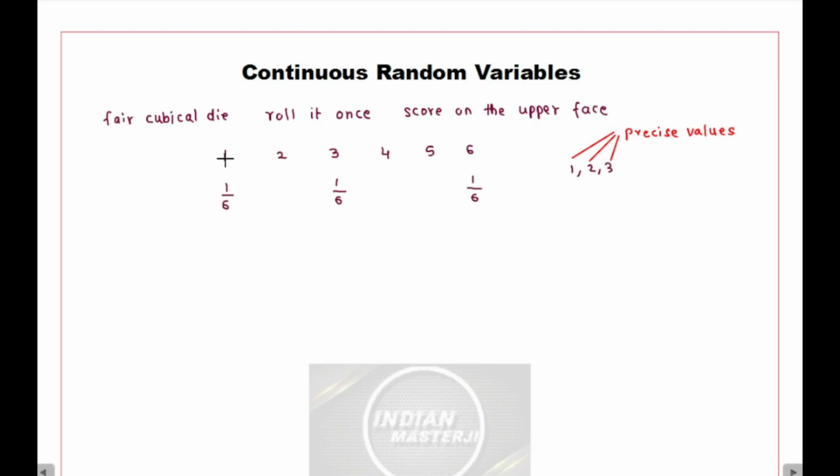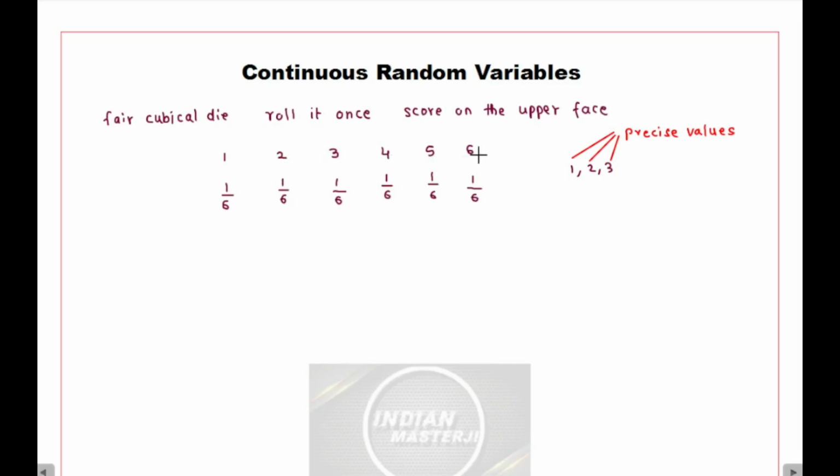So that means these specific values, these precise values, have their own respective probabilities. Here in our present case, the probabilities are the same. Correct? But it's not necessary that the probabilities will be same for these precise values for some other experiment.